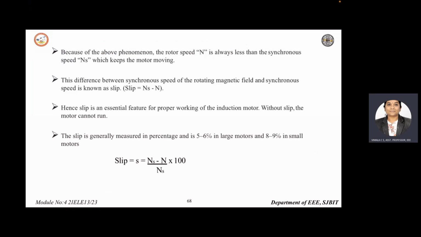Because of this phenomenon, N is always less than the synchronous speed, so it is also called a subsynchronous speed. Generally the slip is between 5 to 6% in large motors and 8 to 9% in small motors.